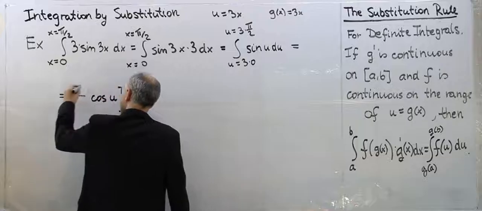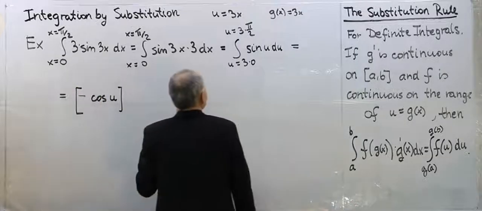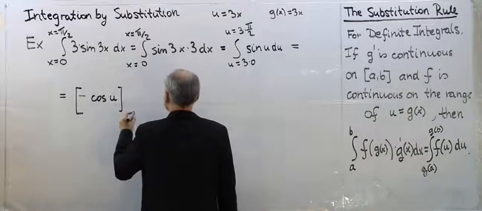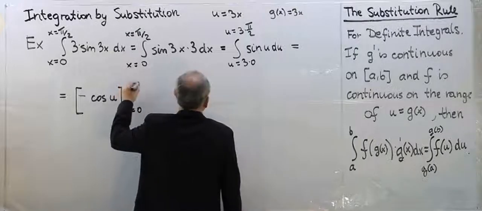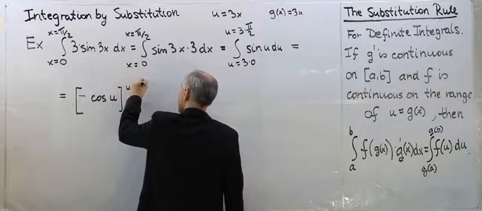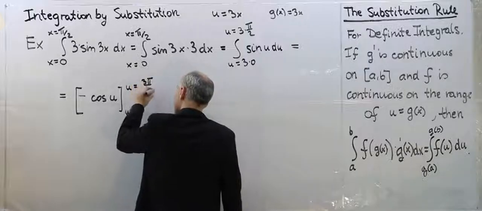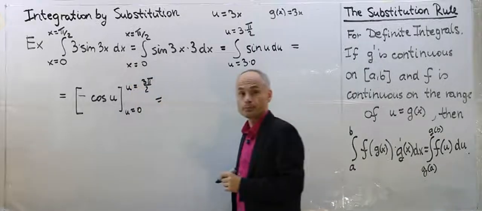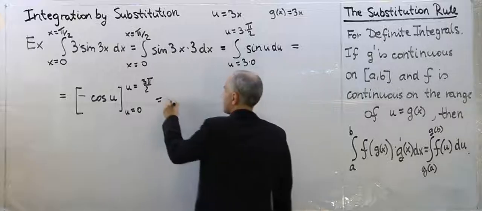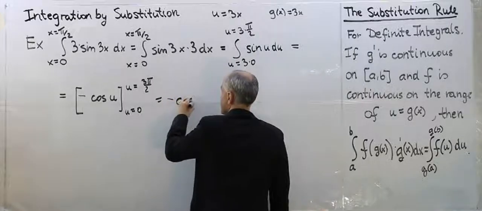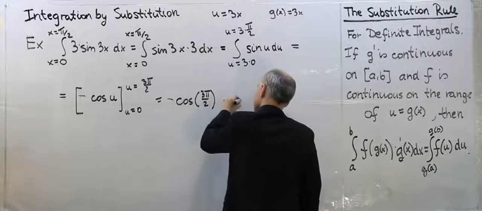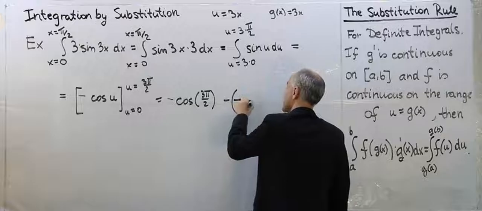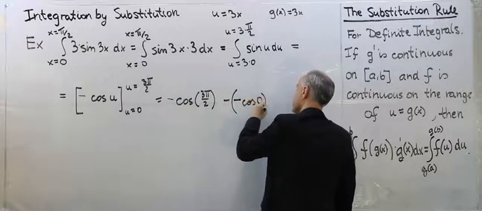And now we evaluate that antiderivative at u is equal to 0 and at u is equal to 3 pi divided by 2. And then we take the difference. So we get negative cosine of 3 pi divided by 2 minus negative cosine of 0.